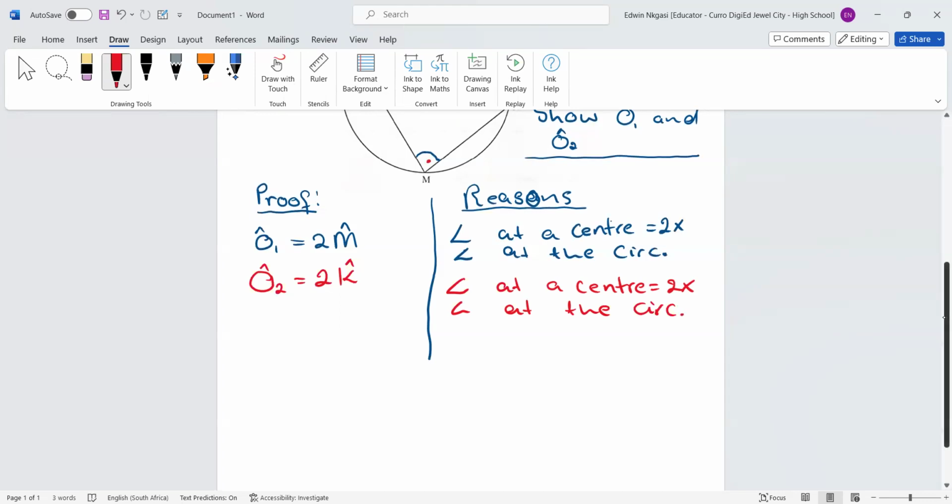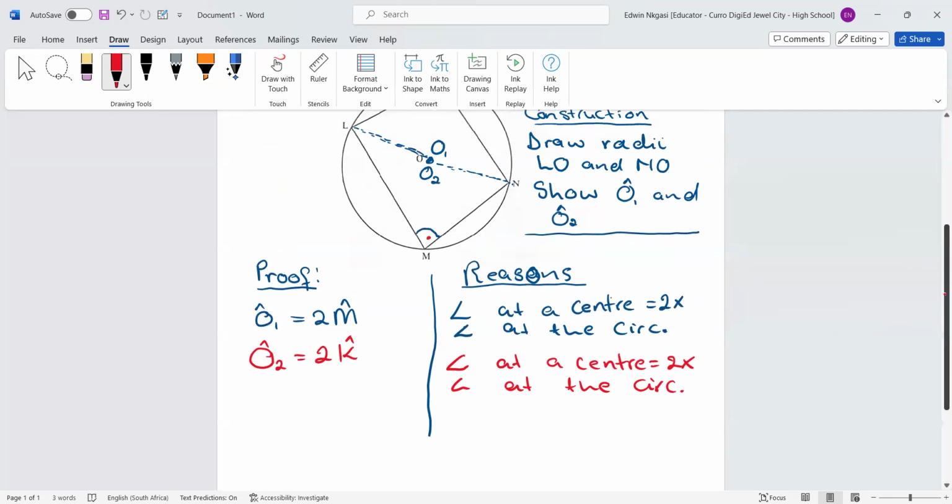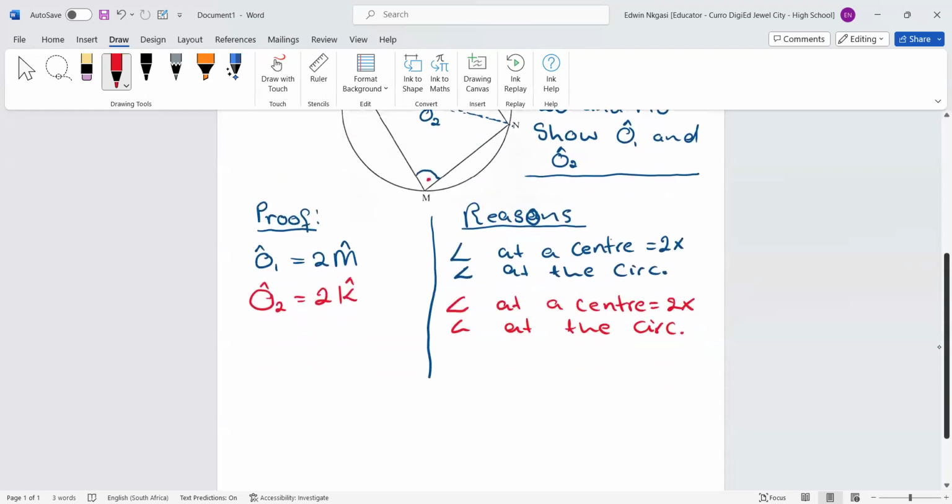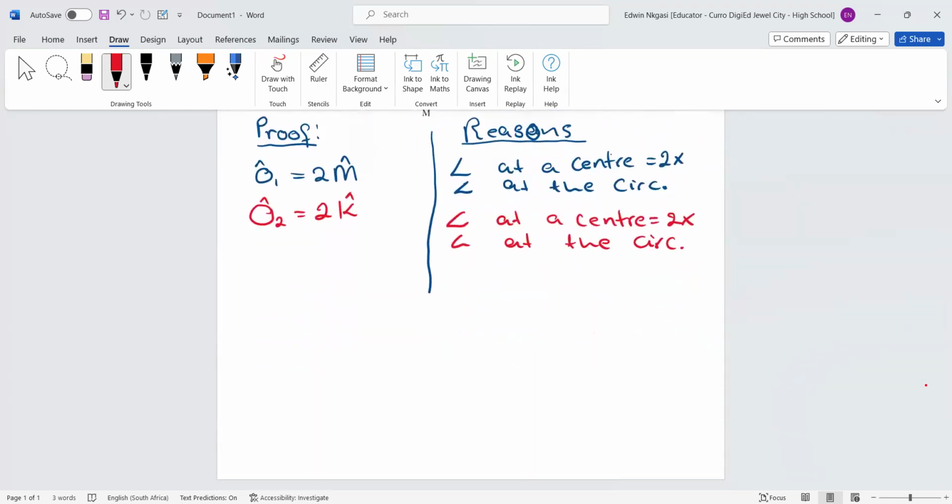Then we must remember the angles around a point. So that's what we're going to do next. We're going to say O1 plus O2 equals 360.